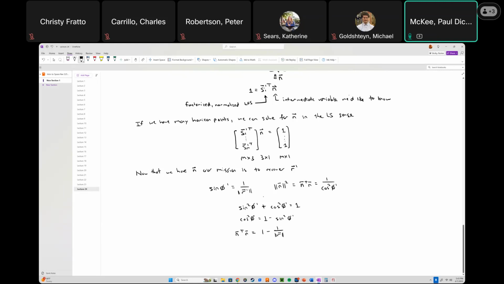Or we could rewrite this as 1 over 1 minus 1 over the norm of r prime, squared. Just a fun, actually, there's even one more step we could do here. If you continue to do the algebra, this is equal to the norm of r prime squared divided by the norm of r prime squared minus 1.